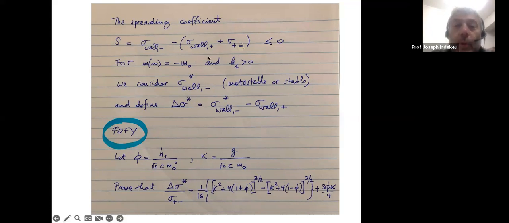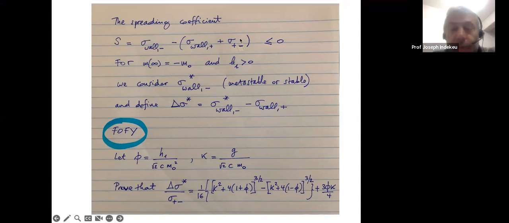And so we have to be cautious and look at the points where delta sigma star becomes equal to sigma plus minus, because that's the wetting transition point. And if that happens, then basically the sigma wall minus surface free energy as a function of the parameter that we are changing has a discontinuity in the derivative.